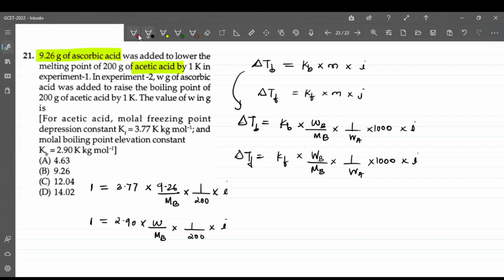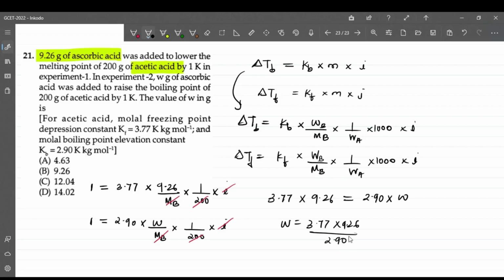Let's not spend much time. Mb and Mb will get cancelled, 200, i and i will get cancelled because it is the same ascorbic acid, right? So what remains finally is 3.77 into 9.26 is equal to 2.90 into W. So W is equal to 3.77 into 9.26 divided by 2.90.